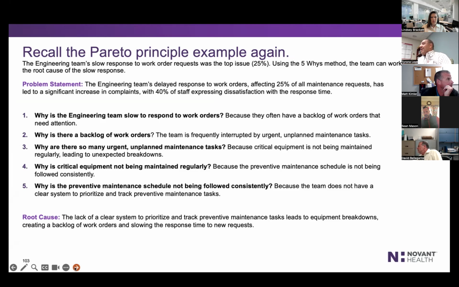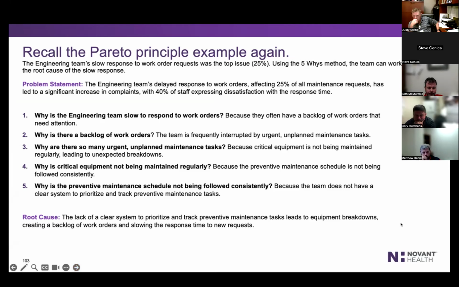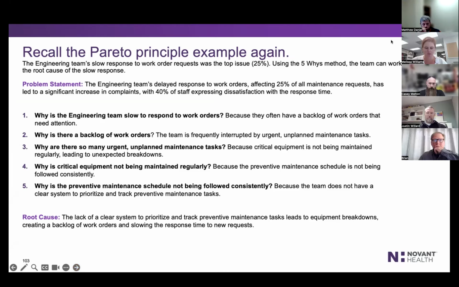Any comments or questions about the 5 whys? Because as Dave said, I agree too. This is one that I enjoy using as an effective tool. Has anyone used this before? We talked about it during our project management class. Have any of you been able to use it since then? Yeah, I've used it and not known there was a name for it.